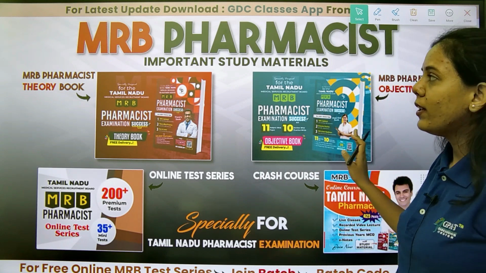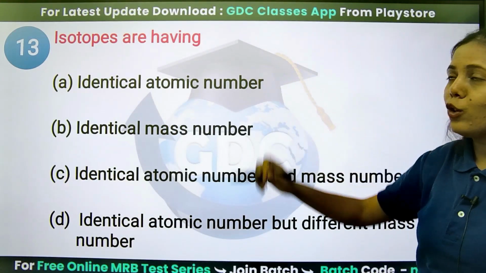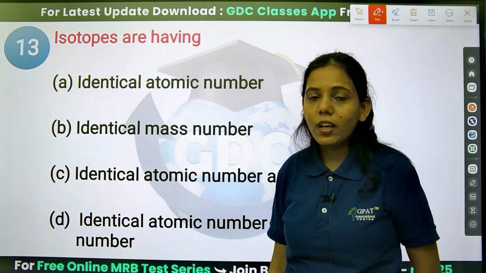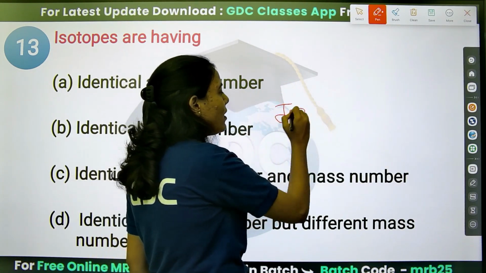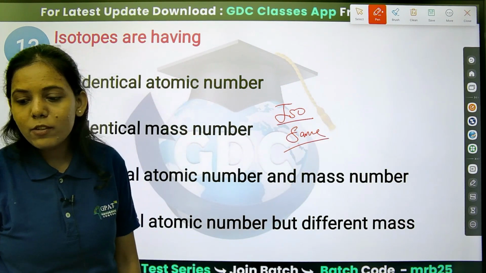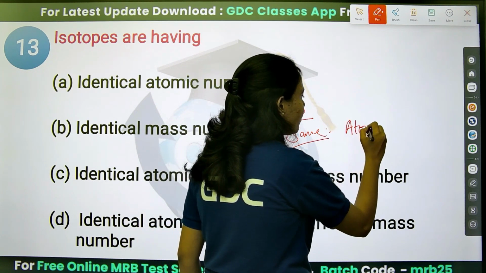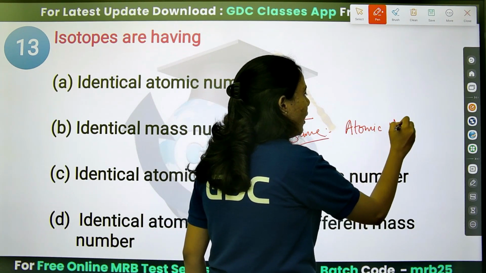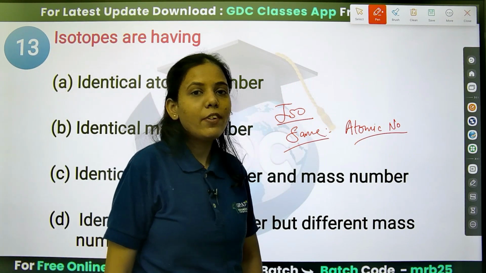So we'll move towards our next question. Isotopes, we have just now discussed. Iso means something is the same. And what is the same? Atomic number. Isotopes are the ones which have the same atomic number but different mass number.